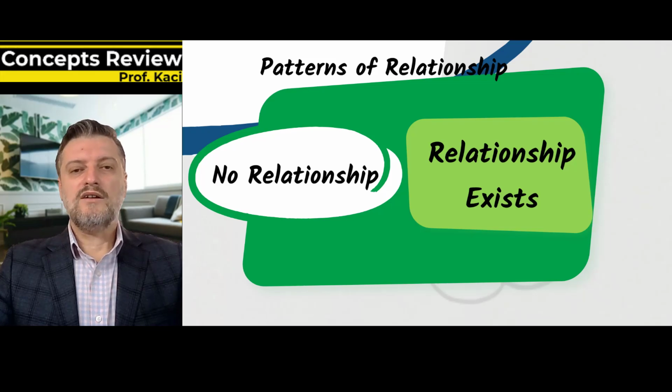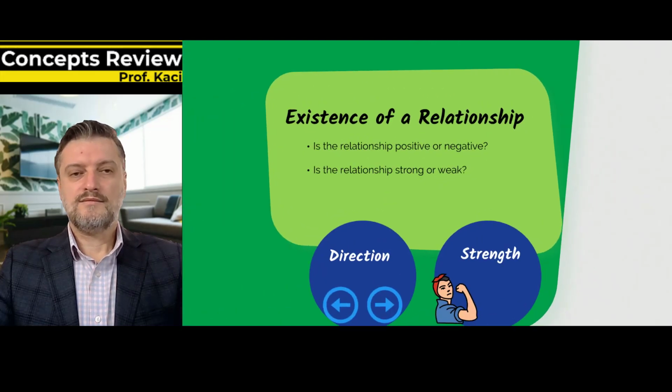The other scenario is when a relationship exists, correlation is not 0. When a relationship exists, we need to determine its direction and strength. The direction means whether the relationship is positive or negative, and the strength means whether the relationship is weak or strong.